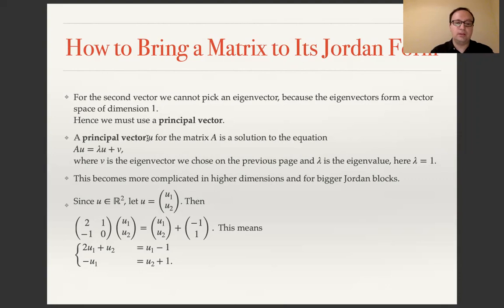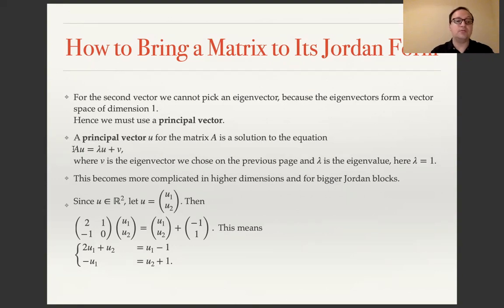So the principal vector is a vector u such that Au is equal to lambda u plus v, where v is an eigenvector. So this is similar to the equation for eigenvectors, but not the same.